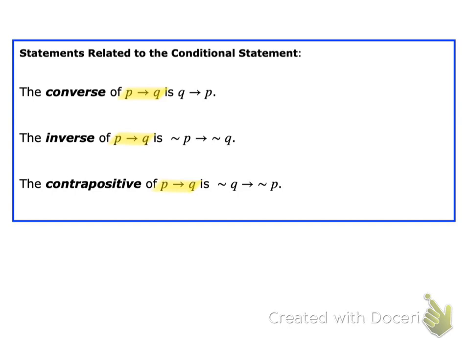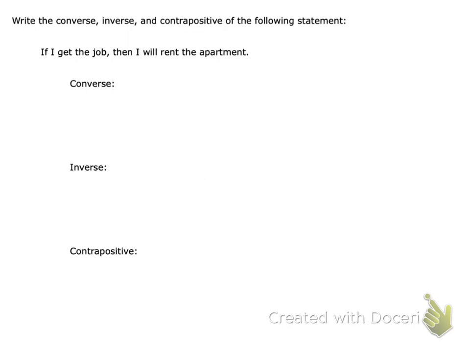The inverse keeps them where they're at, but it negates both of them. So if not P, then not Q. And the contrapositive flips their position and negates both of them. If not Q, then not P. So we're going to write some examples, and then I want to talk about how they relate to each other.